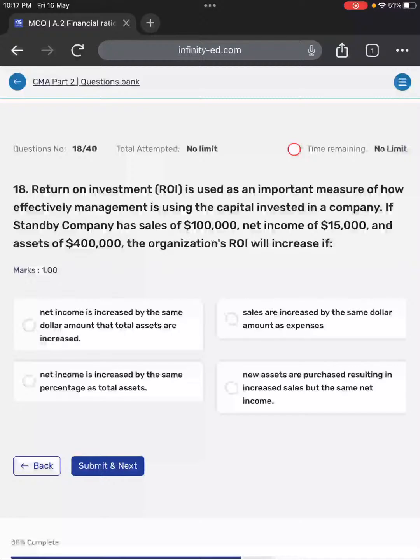Now in question number 18, okay, now question number 18.